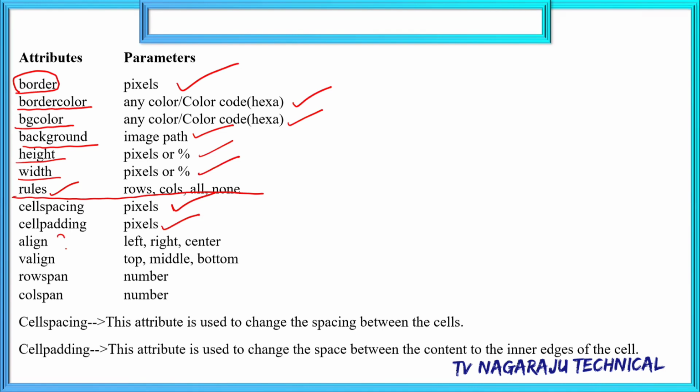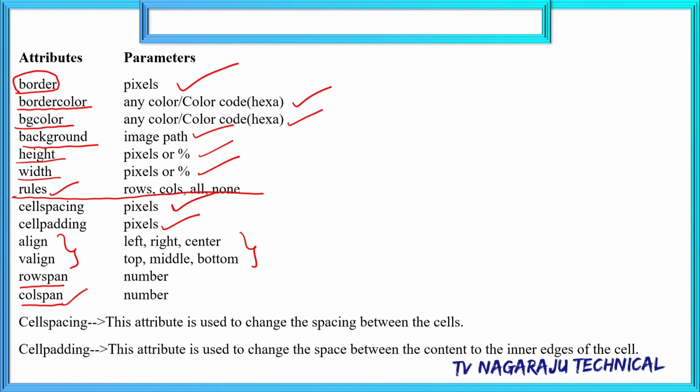Now align. Before that, you need to know the most important thing: row span and column span. What is the meaning of this? Row span is simply spanning the rows, that is merging the columns.